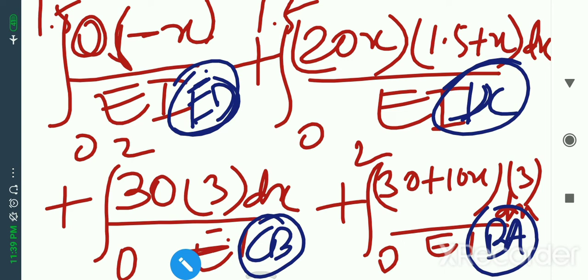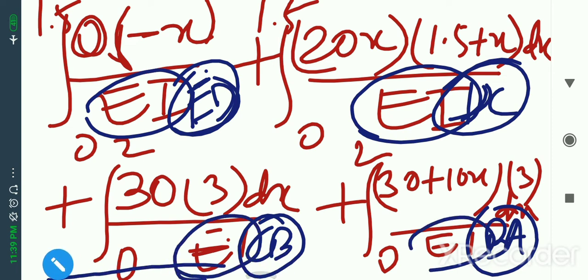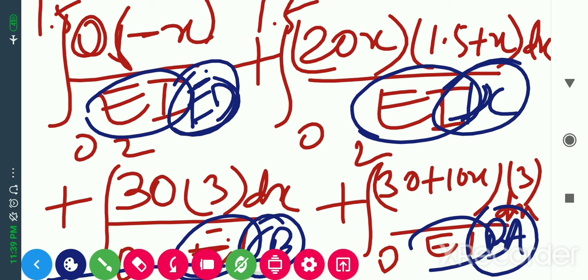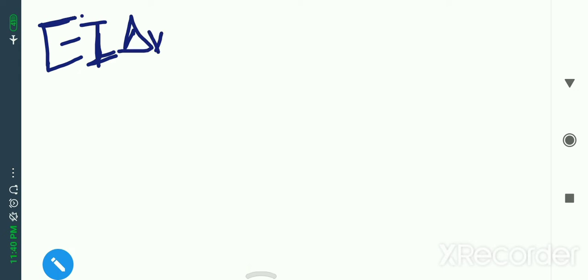So we can see that EI is constant in all the terms, so we can take this EI to the left hand side and we will get the expression like EI delta V equal to those expressions.